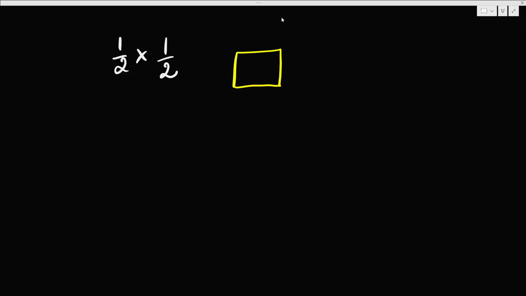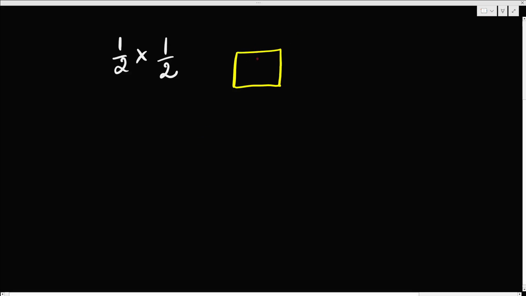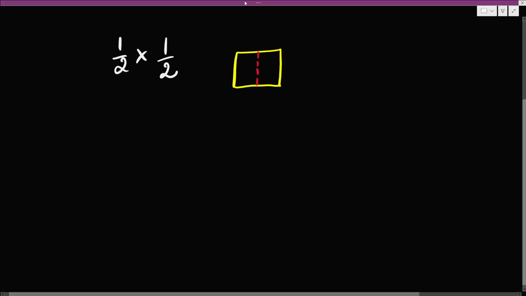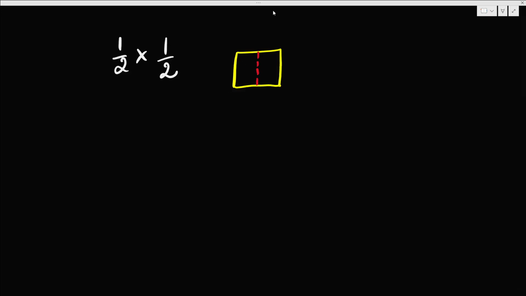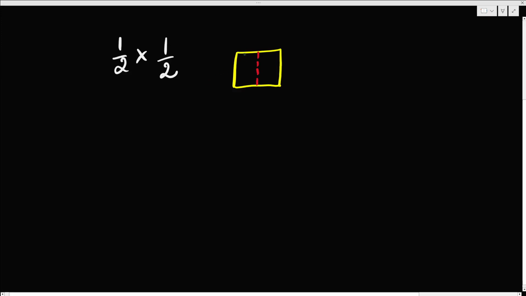Now, let's take half of a half. 1/2 times 1/2. Take a square, divide it into two equal parts. So, this is 1/2. This is 1/2.